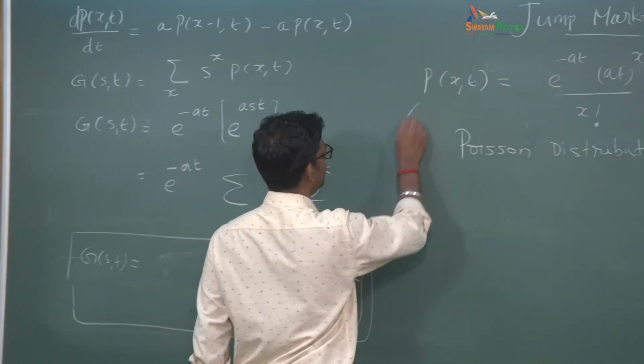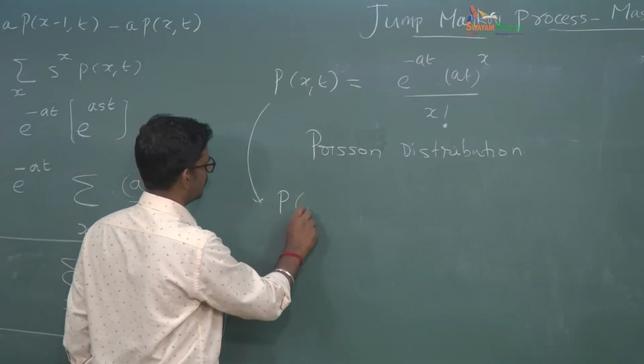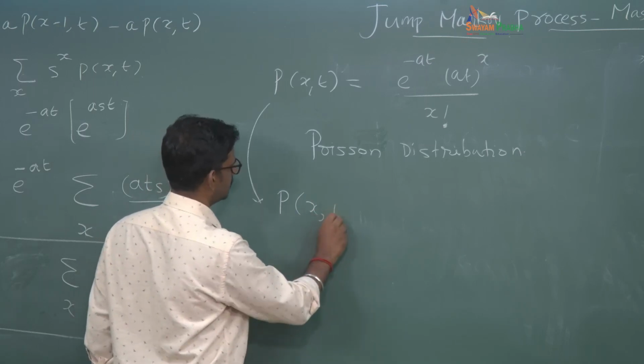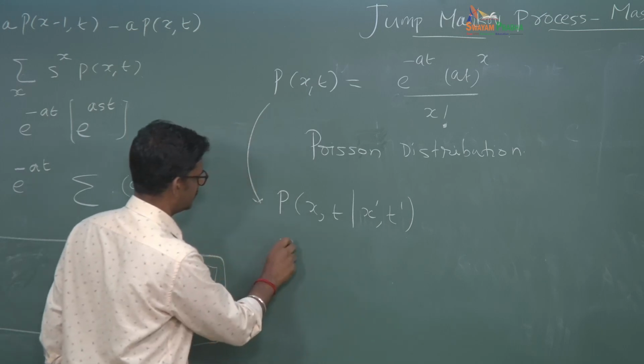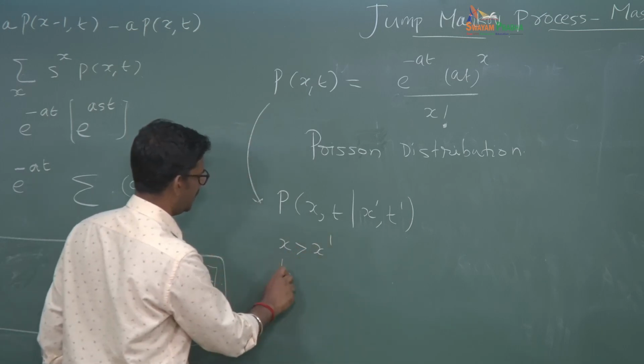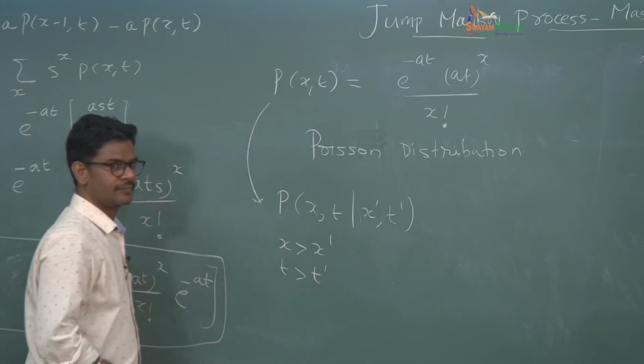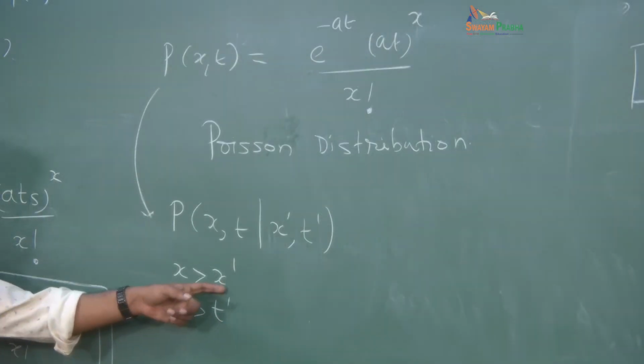So from here, if you want to write the transition probability with x greater than x prime and t greater than t prime. Okay, as time elapses, the position increases.